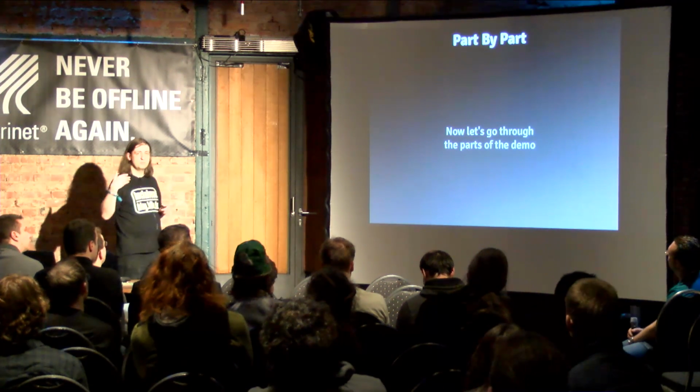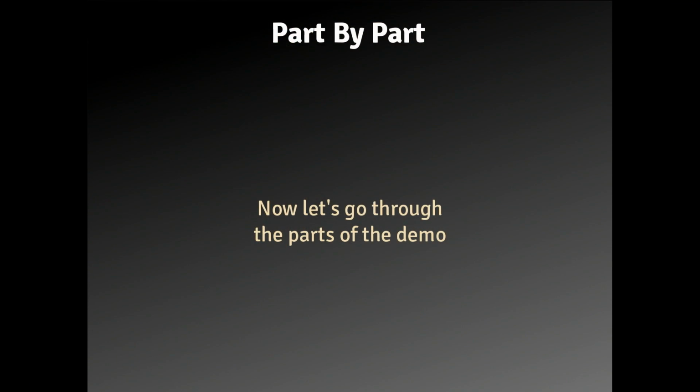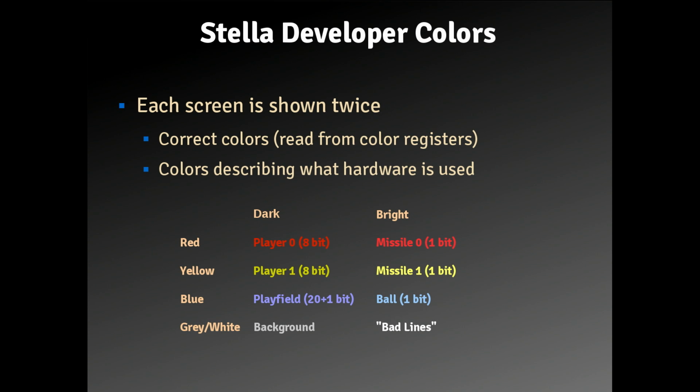So now let's go through the demo part by part. Usually I would run the demo here first, but I'm also talking fast because time is of the essence. The talk was about 75 minutes the first time I held it, so I need to rush through a bit. Sorry. I'm going to show you screenshots of each part, two per part.